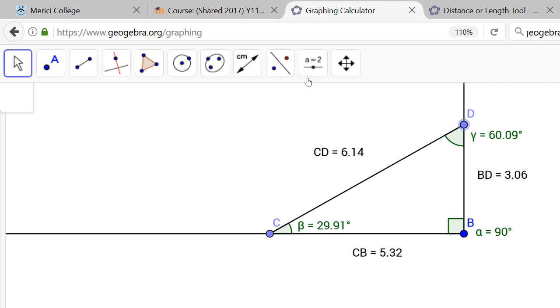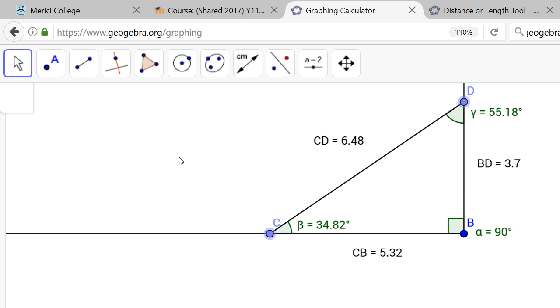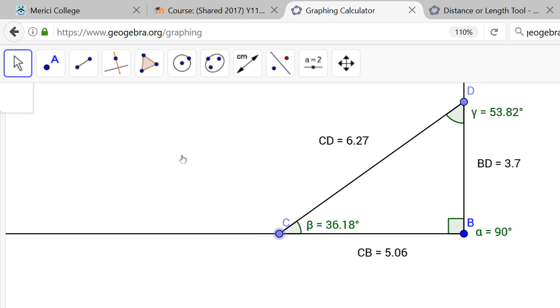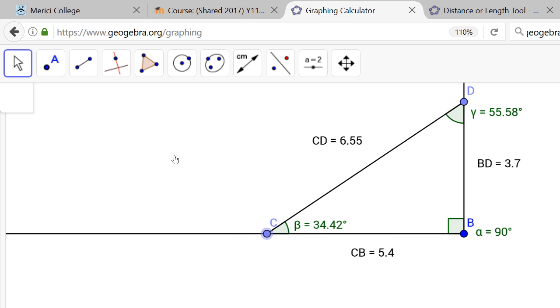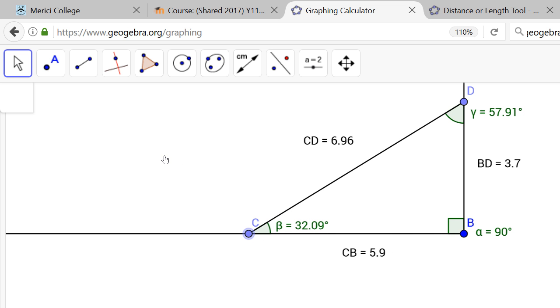So right-angle trigonometry came about because people observed that when you had a specific angle, now I'm going to just stop this randomly at, hopefully I can get it at 32 degrees. Oh, close enough. We'll call that 32 degrees.